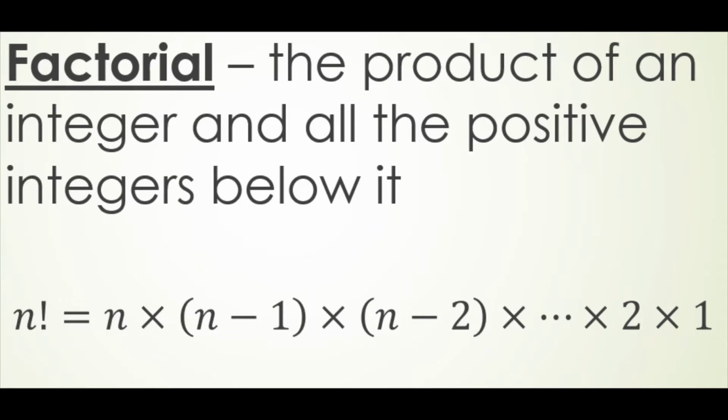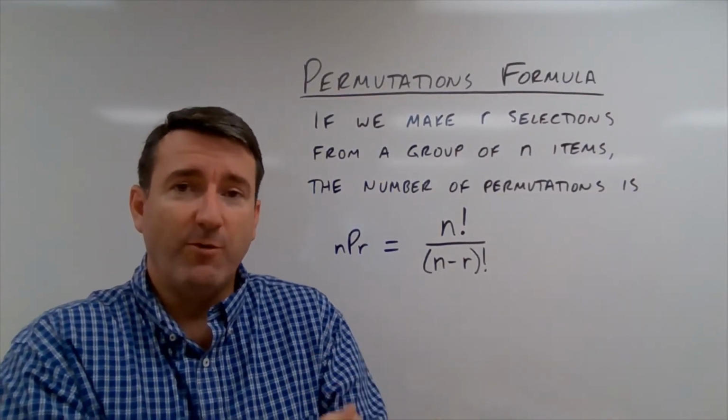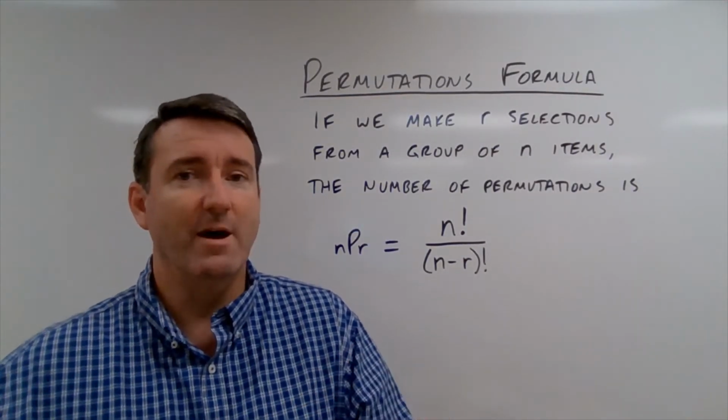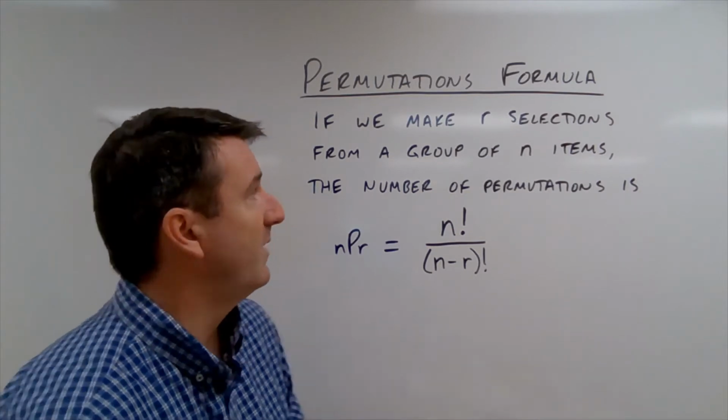And this pattern of multiplying a number by each of the positive integers below it comes up so often in counting problems that we've given it its own name, factorial, and we've given it its own symbol, which is this exclamation point.